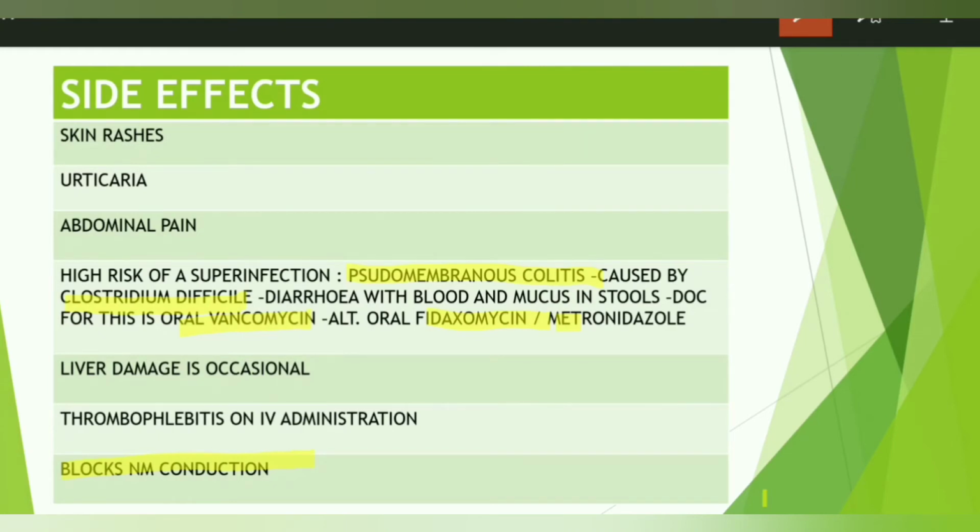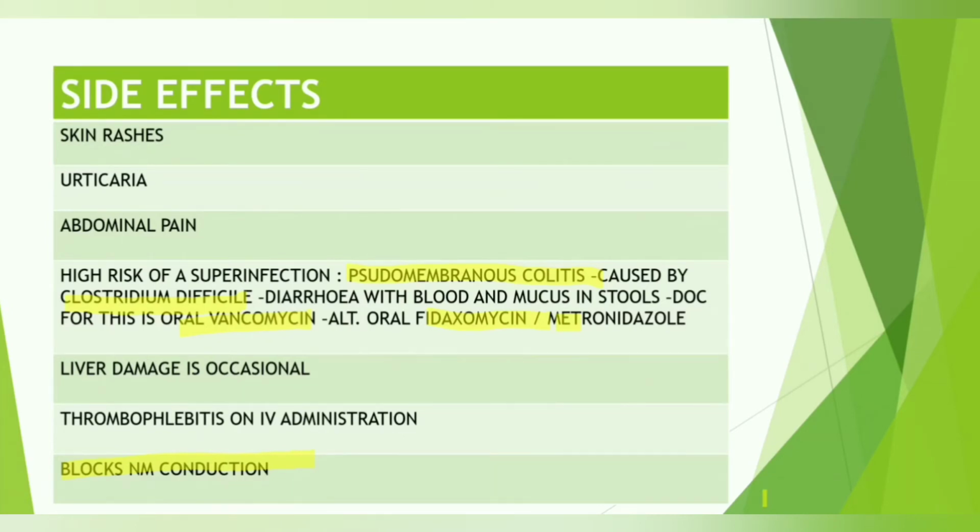Here I would like to ask a question: the drugs which cause the neuromuscular blockade include what? Please write in the comment section. And also remember that pseudomembranous colitis can also be caused by third generation cephalosporins, broad spectrum penicillin and fluoroquinolones, including the clindamycin.